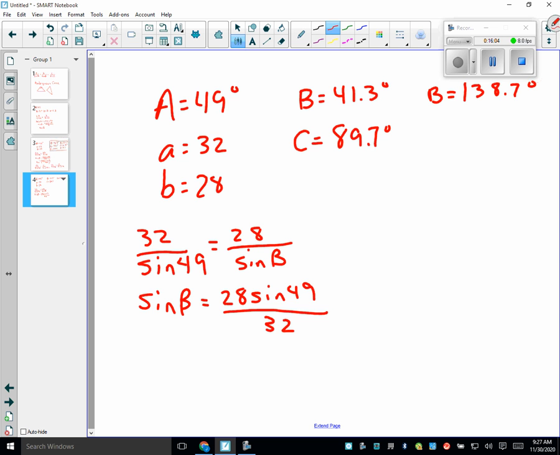What's my second angle C? 138.7 plus 49 is already too large, I just did it. Did you get a negative number? So the second triangle doesn't work. So how many triangles do I have? One. Oh, thank the Lord.